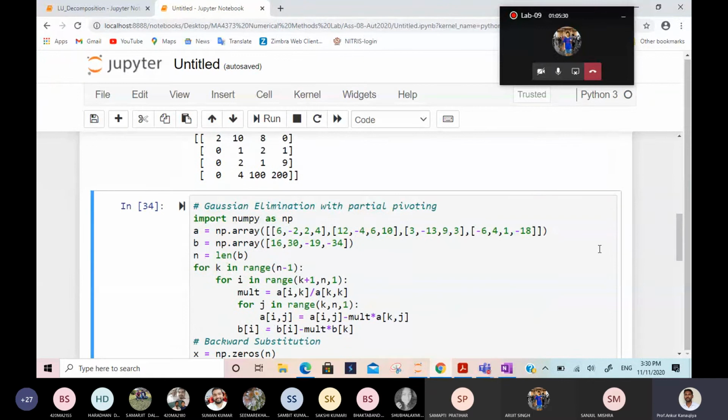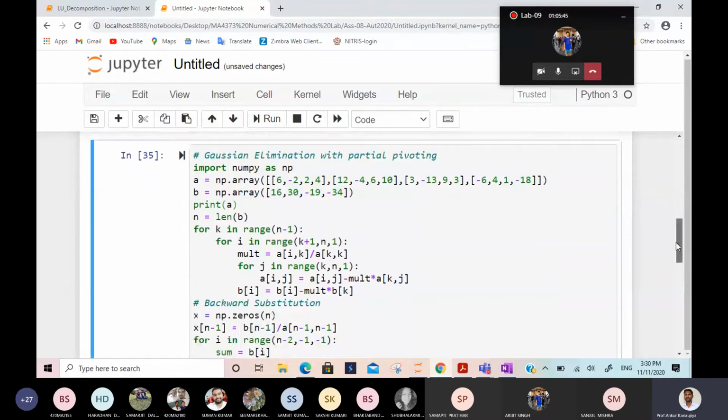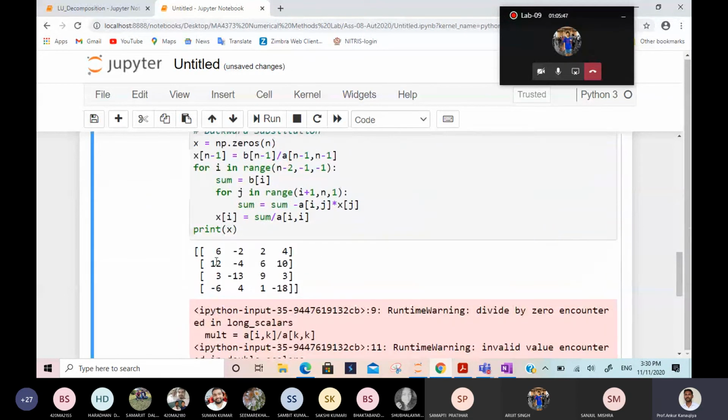I will just show you here. The first time you do this, I'm printing the matrix A. In this matrix, if you make this 12 zero by R2 minus 2 R1, this 12 will become 0, and this -4 will also become 0. So to make these entries work with the help of this, we have to interchange the row.